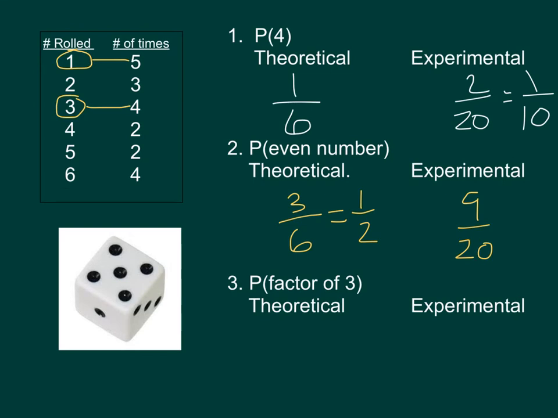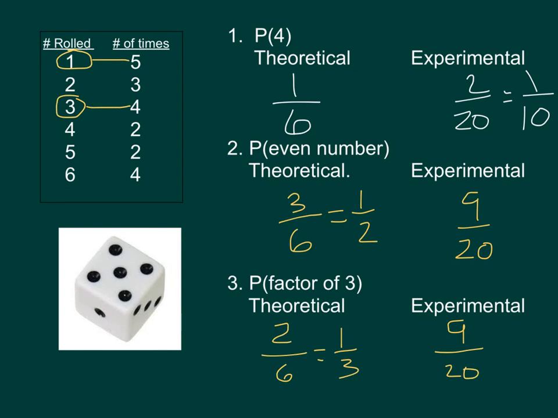Our theoretical probability, we have 2 numbers to choose from, so 2 possible outcomes out of 6 total. Go ahead and reduce that to 1/3. And the experimental probability, we said there were 9 times that a factor of 3 was rolled out of 20 possibilities.